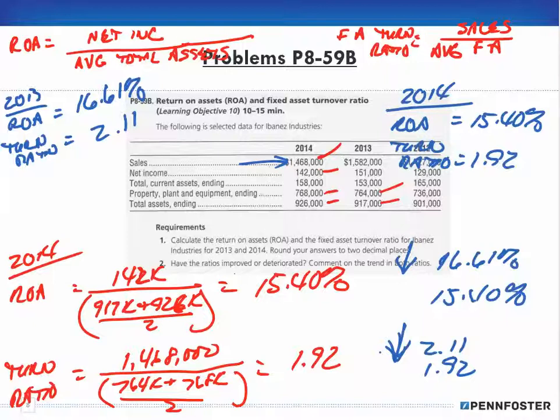And of course, having less profit from one year to the next means my return on my assets is less. Okay, because if I have this asset, and I'm not making as much money on those assets, which is evidenced by its decline, it means I'm not making as much net income.